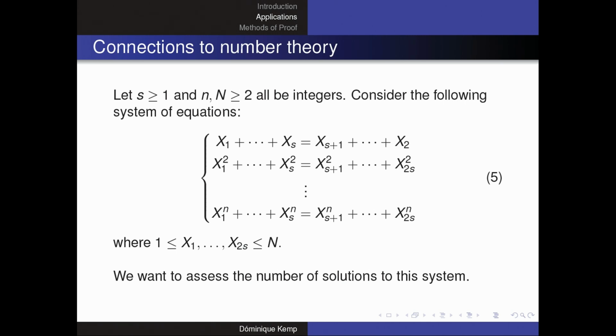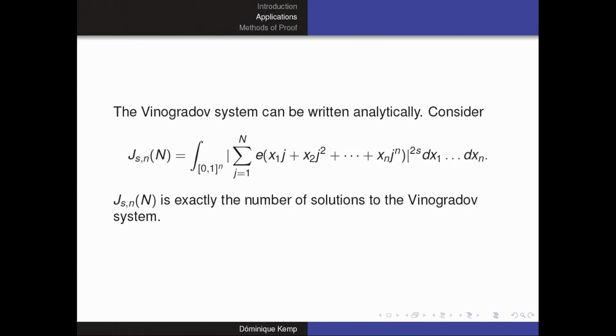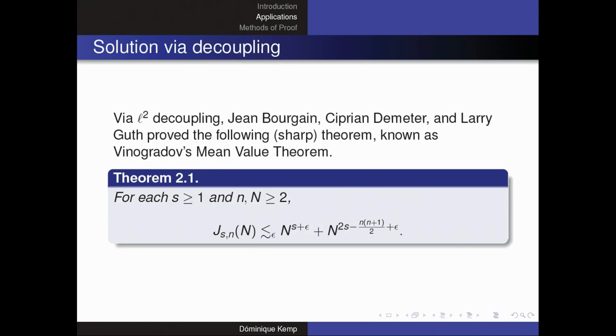And it was conjectured since the 1920s that there would be roughly this many solutions. It's an upper bound that is known to be essentially sharp, except for the n to the epsilon. It's still hypothetical that that can be removed, but ignoring the n to the epsilon, this was conjectured to be the sharp bound for the number of solutions to that system of Diophantine equations.